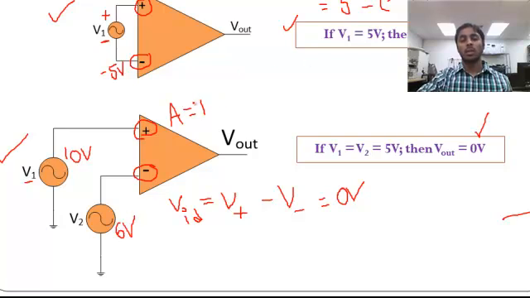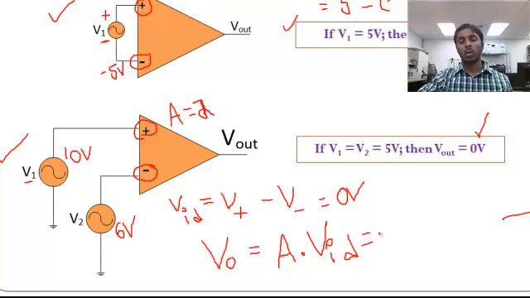Let us change the gain of this OpAmp from 1 to 2. So let's look at how to calculate the output voltage of an OpAmp. Output voltage is always the gain of an OpAmp multiplied by the input differential. So that's the differential voltage.